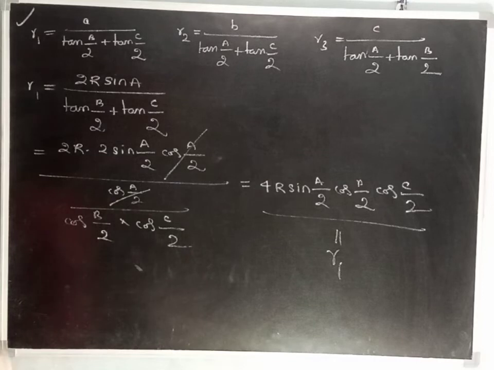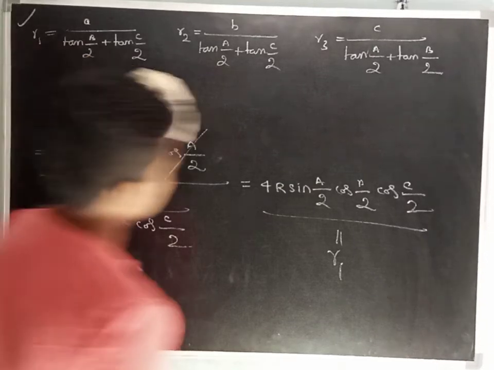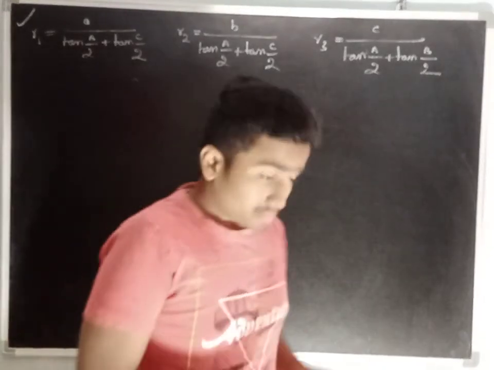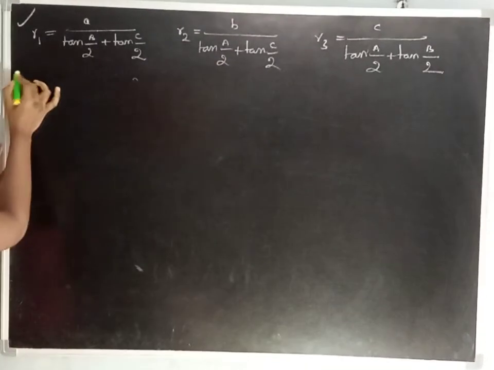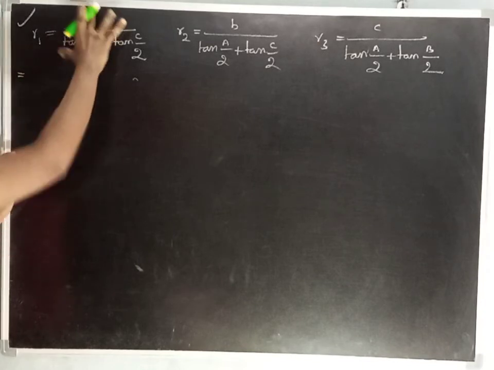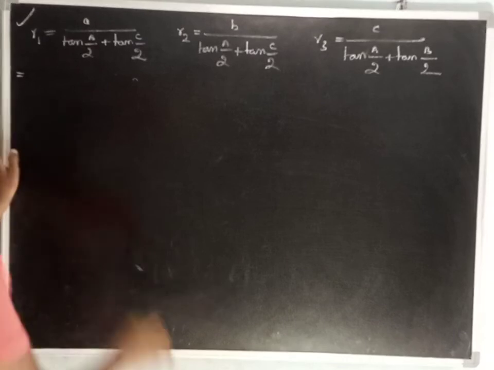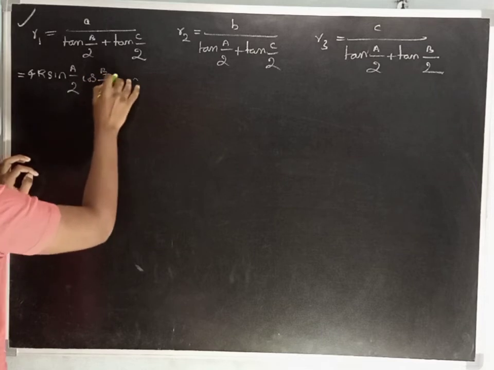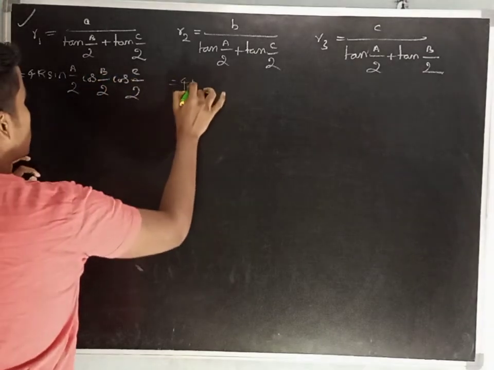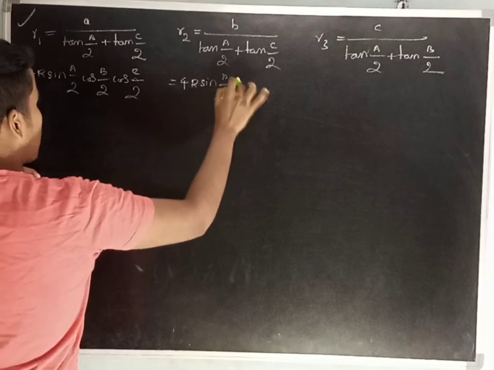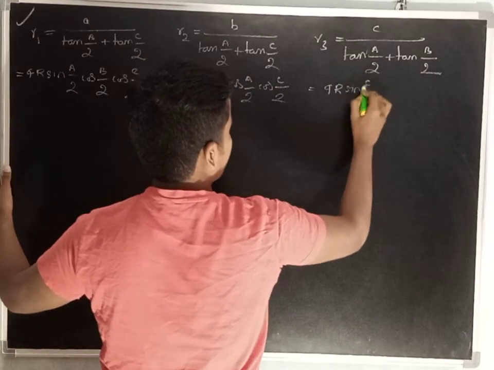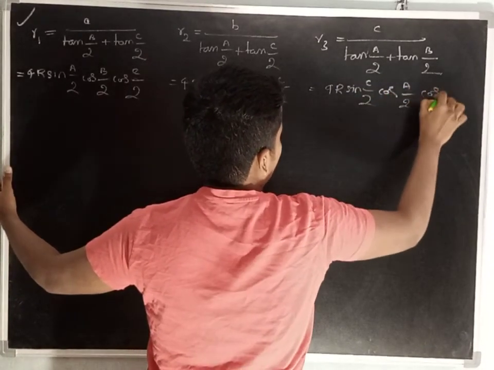Let me write these results also. After simplifying this part, as I have explained just now, we are going to get 4R sine A by 2 cos B by 2 into cos C by 2 is equal to 4R sine B by 2 cos A by 2 into cos C by 2 is equal to 4R sine C by 2 cos A by 2 into cos B by 2.